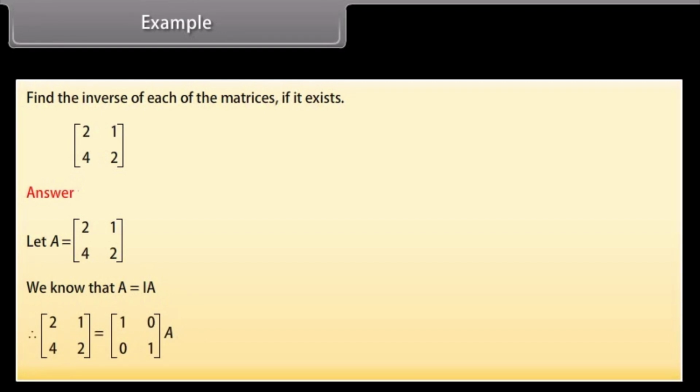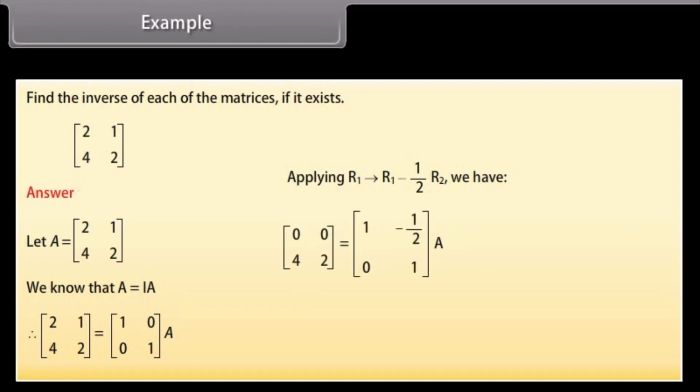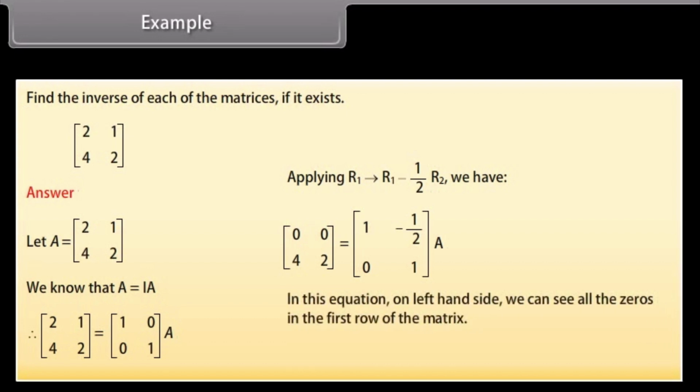Therefore, the matrix with rows [2, 1], [4, 2] is equal to the matrix with rows [1, 0], [0, 1] into A. Applying R1 changes to R1 minus 1 by 2 of R2, we have the matrix with rows [0, 0], [4, 2] is equal to the matrix with rows [1, -1/2], [0, 1] into A. In this equation, on the left-hand side, we can see all zeros in the first row of the matrix. Therefore, A inverse does not exist.